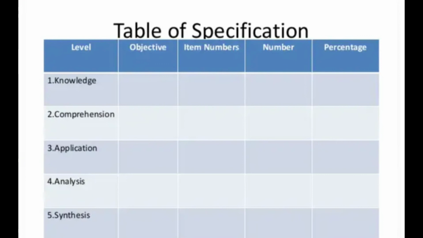It means selecting a concept or skill and using it to solve a problem. Then the analysis, it is breaking material down into its parts and explaining the hierarchical relations. Last is the synthesis or the evaluation. It is making a judgment based upon a pre-established set of criteria.